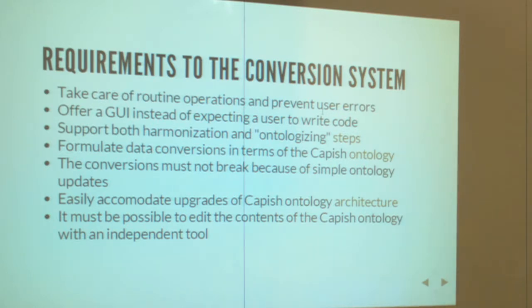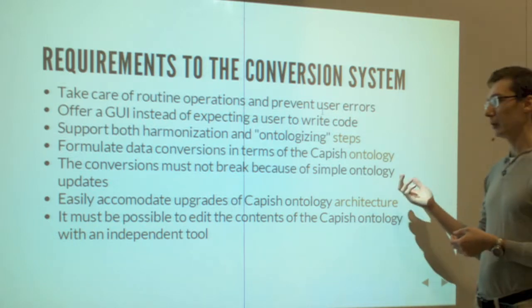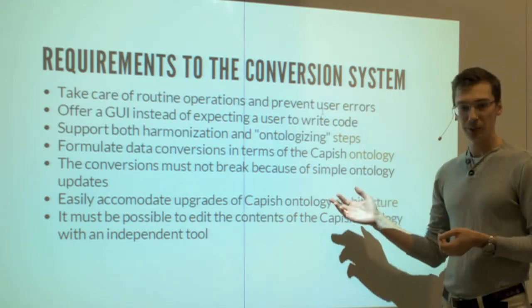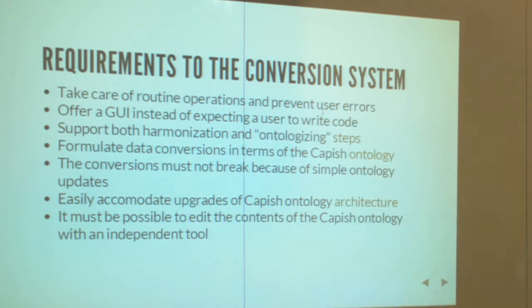So the terminology gets improved, updated, aligned, and for the other thing, the structure of the ontology itself, when we were developing the conversion system, was also subjected to quite a bit of change. Mostly it was upgrades, so more complexity, you could say, more features.